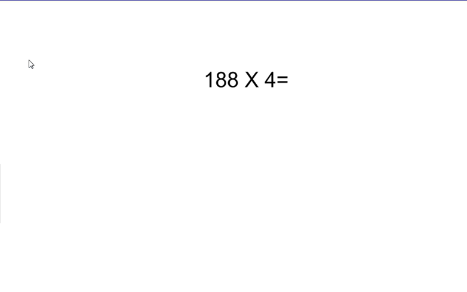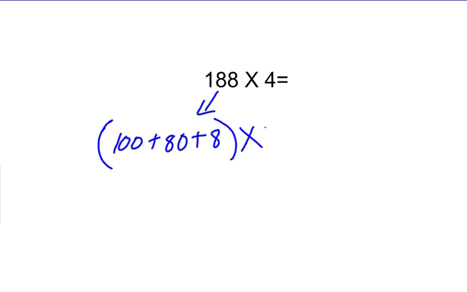Now, we can see this with a bigger number. What kids learned about expanded form from their addition unit, they can apply to multiplication as well, and they can use the distributive property. So here, if you have 188 times 4, they can take this big factor. They know that it's 100 plus 80 plus 8, and they can put that in parentheses and make sure that they multiply every addend by 4.